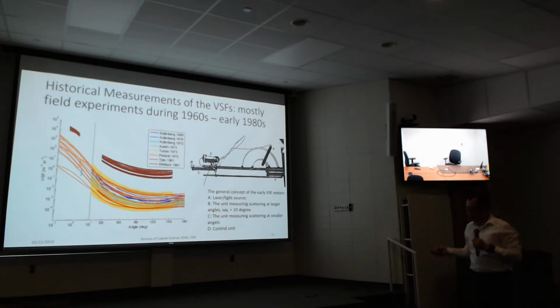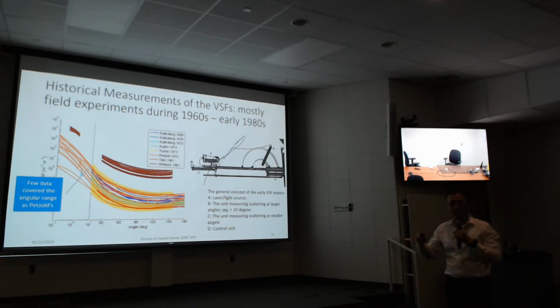This instrument was made by Petzold, who was from the Scripps Institution of Oceanography, and he measured this orange line. Over this time there were many other measurements, but you can see only his measurement covers a much wider angle range.